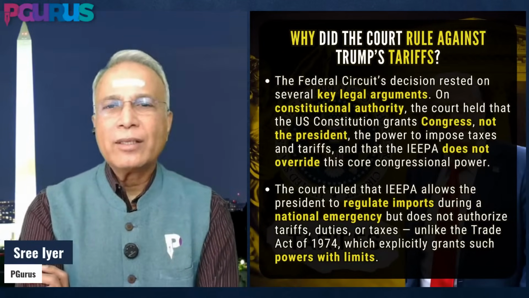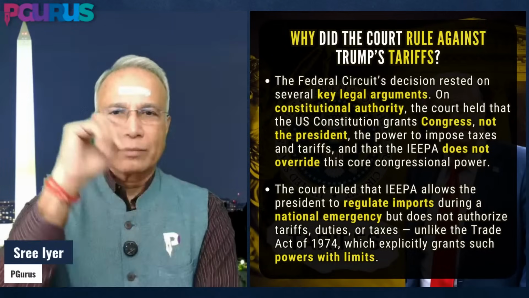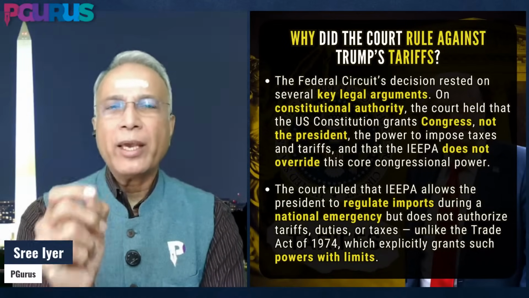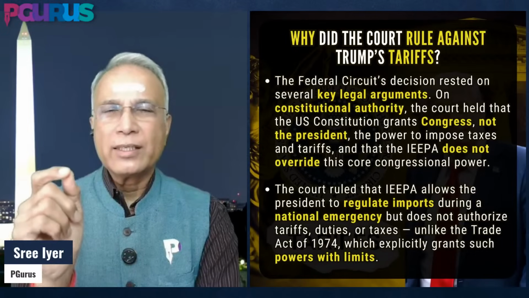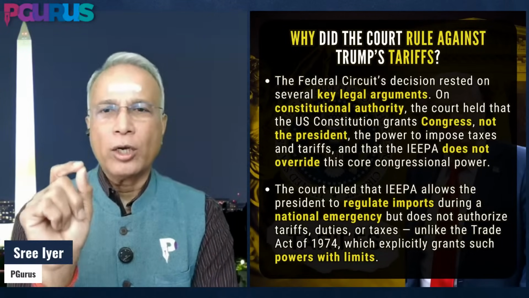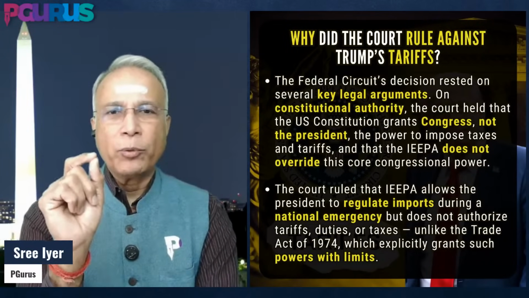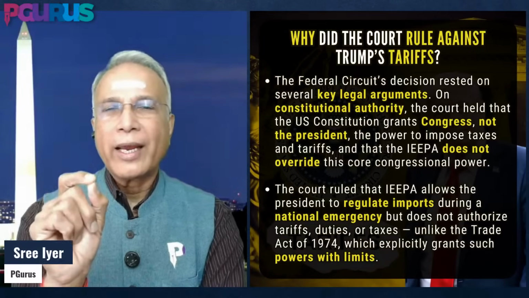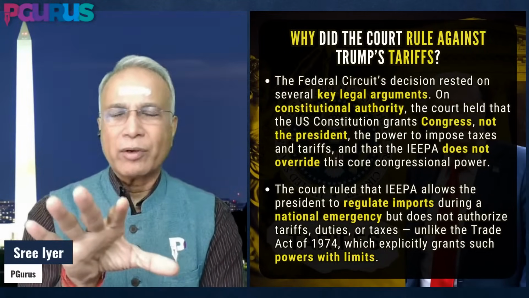Then, why did the court rule against the Trump tariffs? The court held that for a sweeping tariff levied on all the countries, it is not the administration, but rather the Congress that should have the power to impose taxes, and that IEEPA does not override this core congressional power. Remember a few things, viewers.